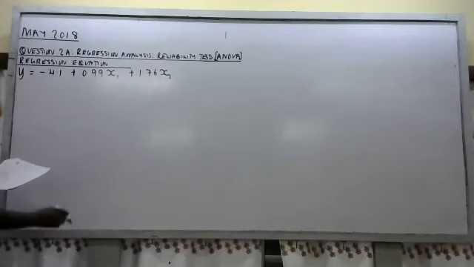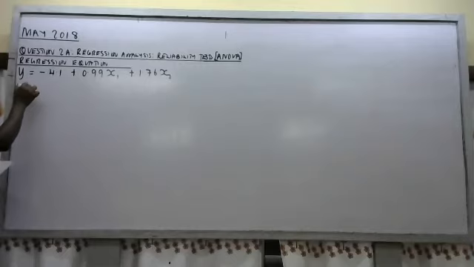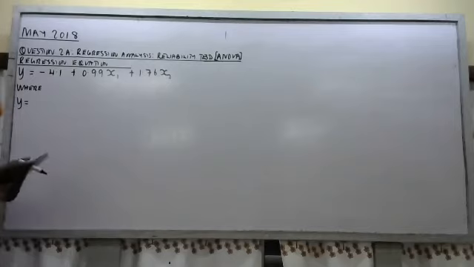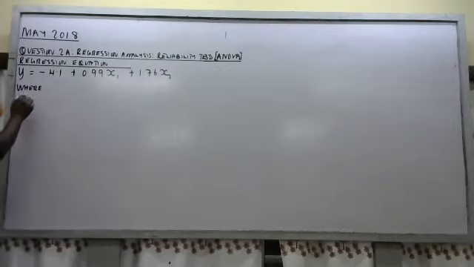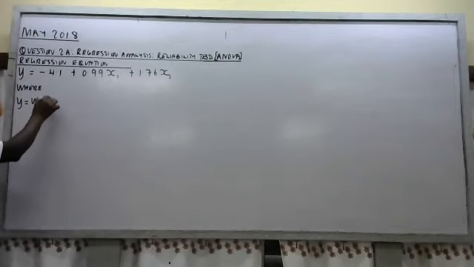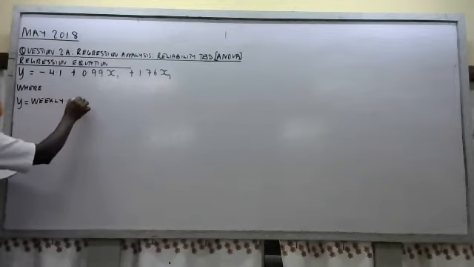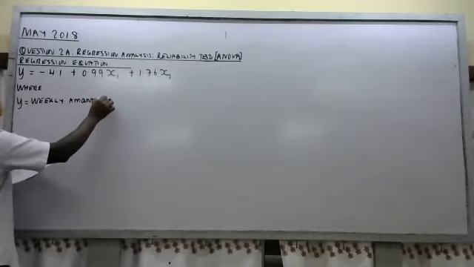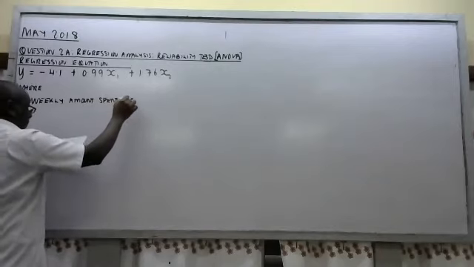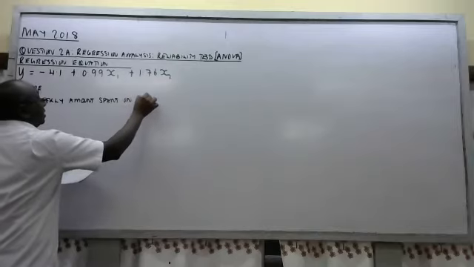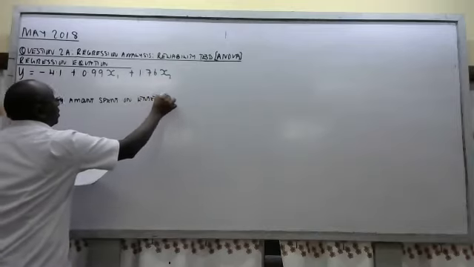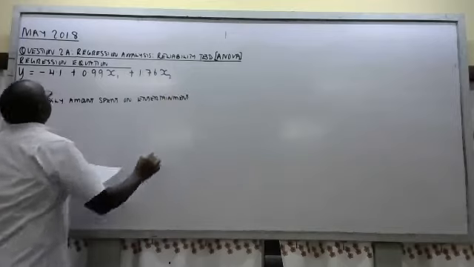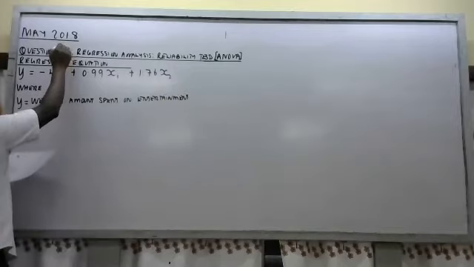X2, where y represents the weekly amount spent on entertainment. This is question 2B.